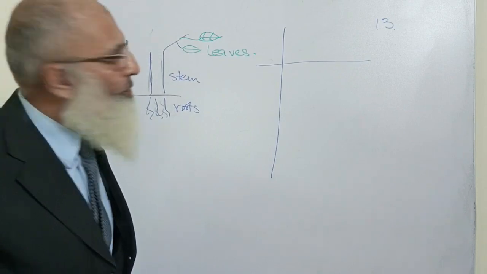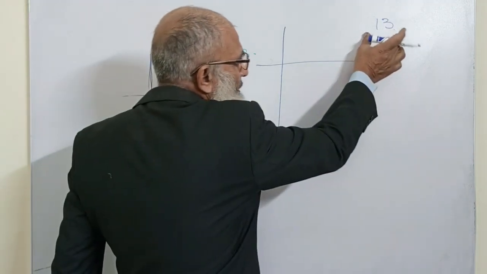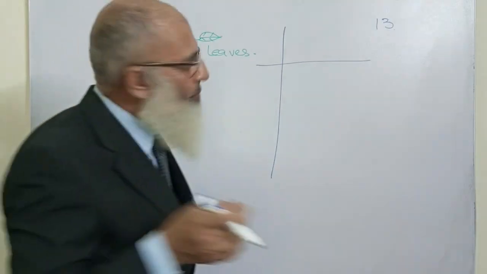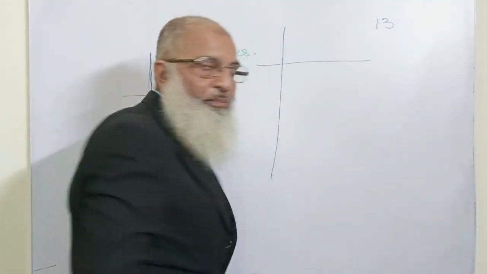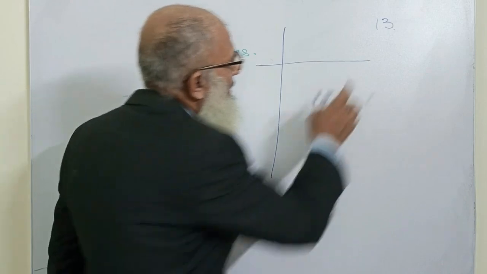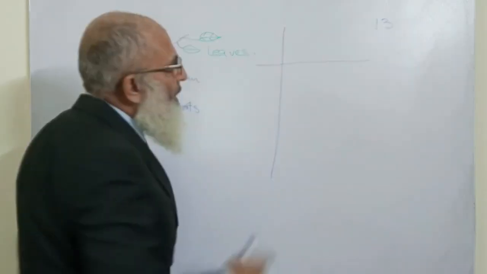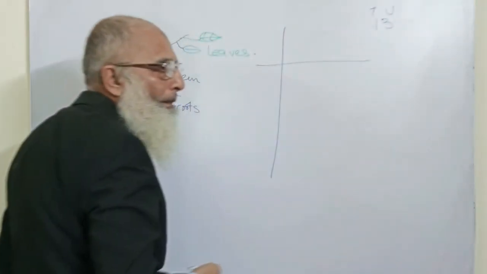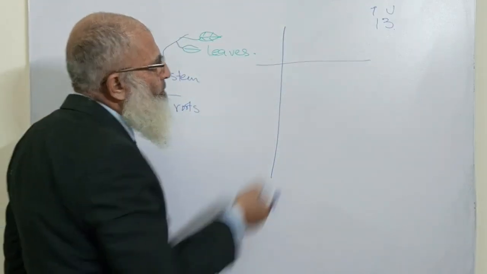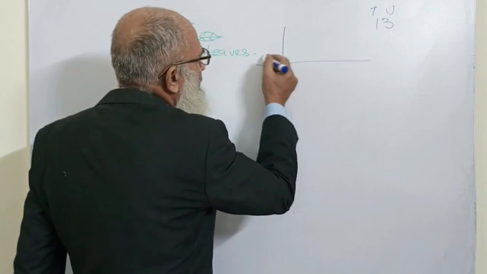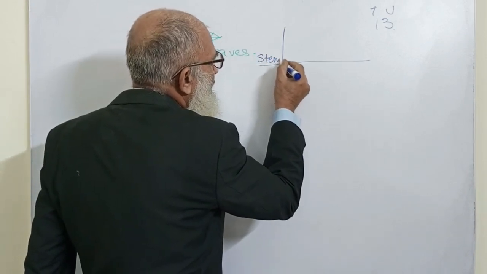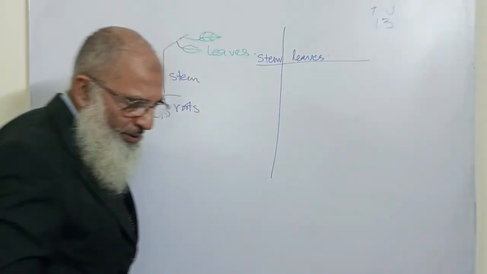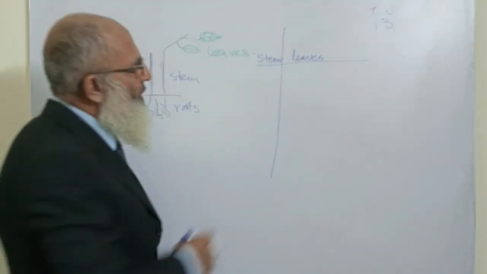This is a datum and it is 13, and you see that it is unit and 10 over here. And what we do here is we keep the stem over here and leaves over here.